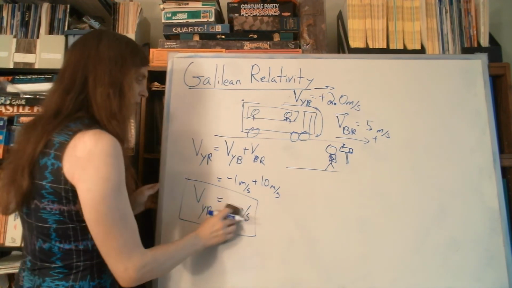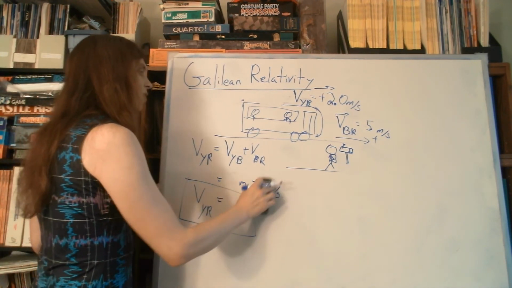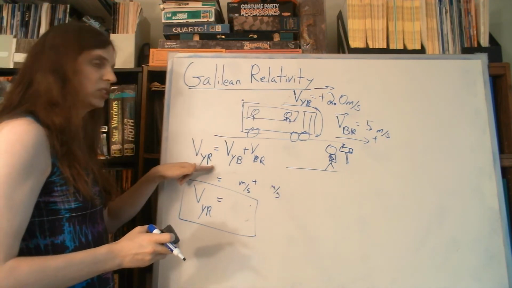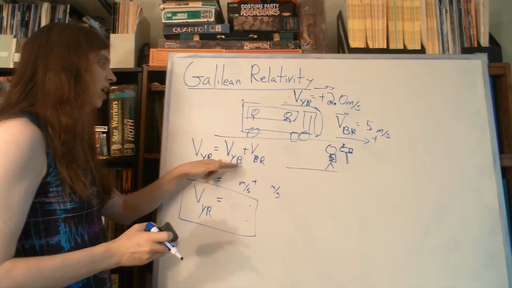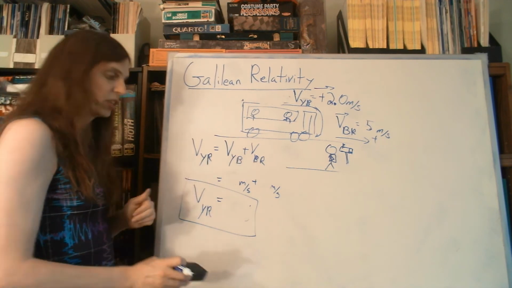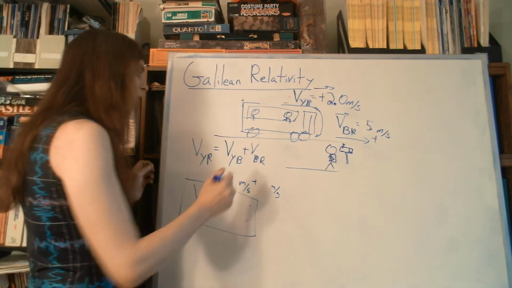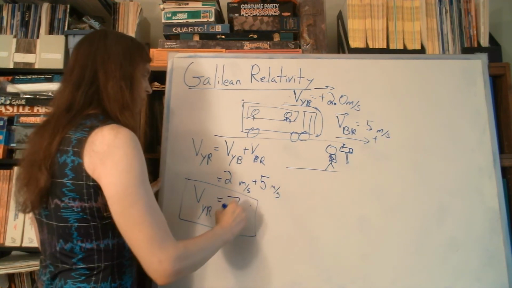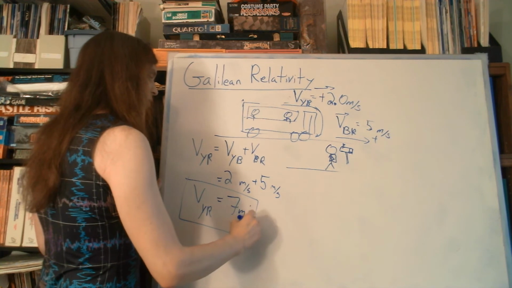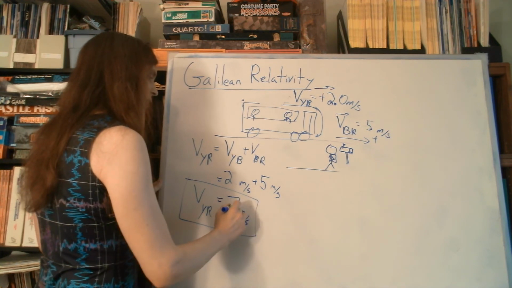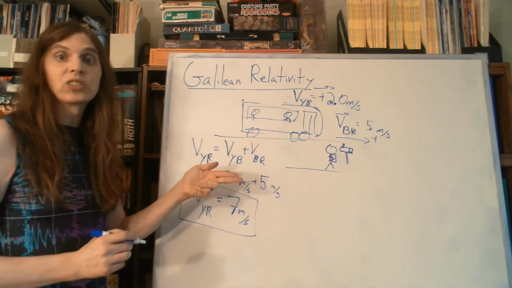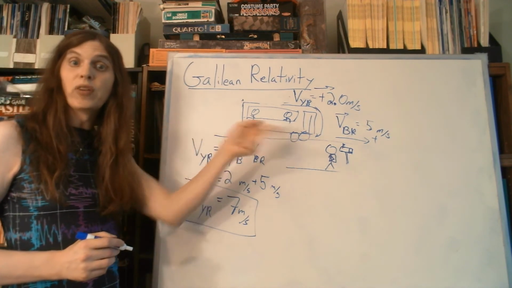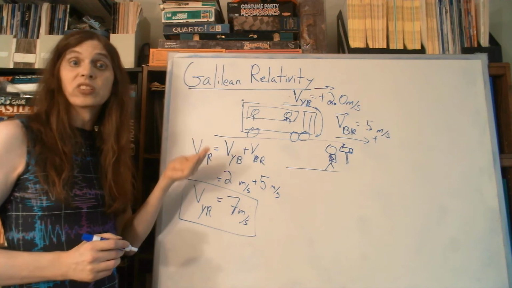Then the calculation differs. The structure is the same. Your velocity relative to the road is your velocity relative to the bus, plus the bus's velocity relative to the road. Only now it's 2 meters per second plus 5 for a total of 7 meters per second in the positive direction. Now, as seen from the road, it looks like you're moving faster than the bus.